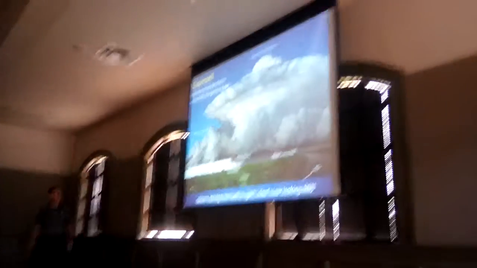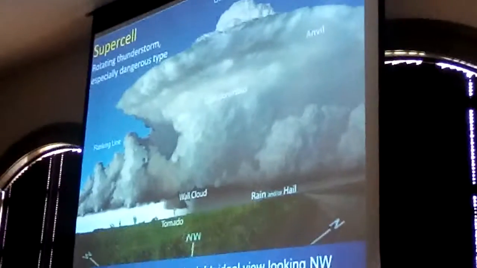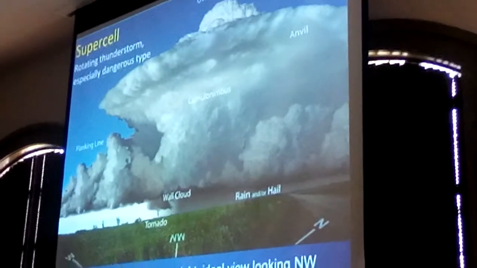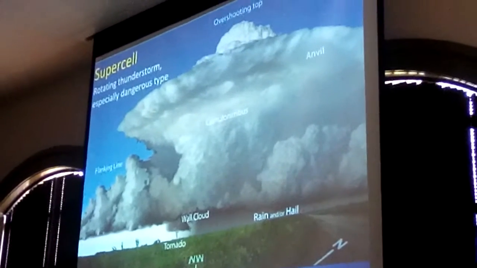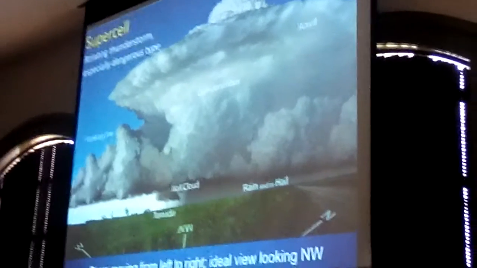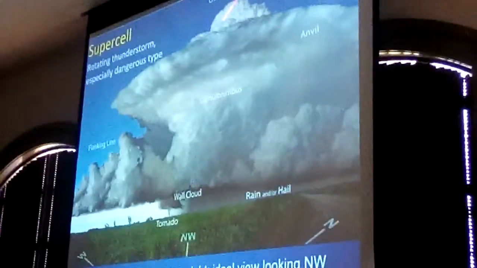Go ahead, Tim. So, we've kind of covered a lot of ground here. We talked about updraft, downburst, outflow, straight line wind damage. Let's talk now about these supercell storms, these rotating storms that are especially severe. What do these look like? You've got your overshooting top, your anvil.